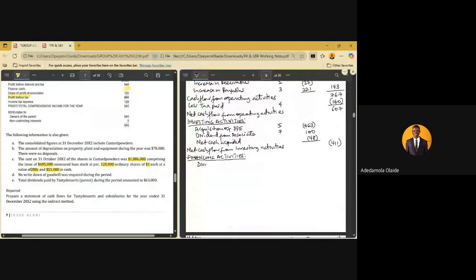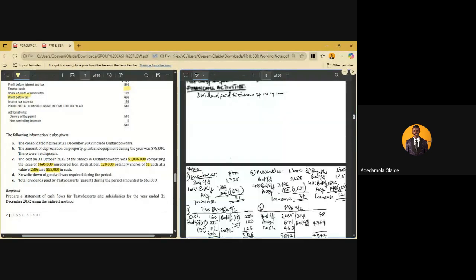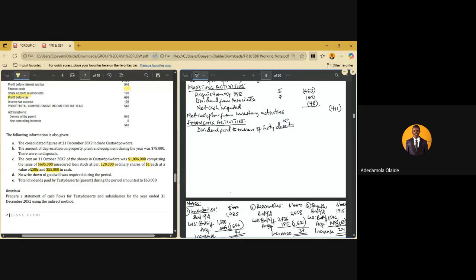Dividend paid to shareholders, or let me say to owners of Tasty Desert. Note 12. How much is it? 63 is an outflow.